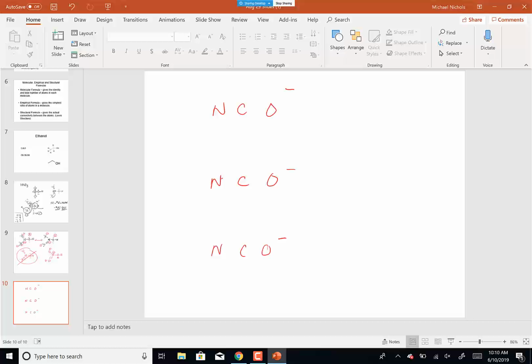Anything probably with less than an octet, not good. Then you have stuff moving.